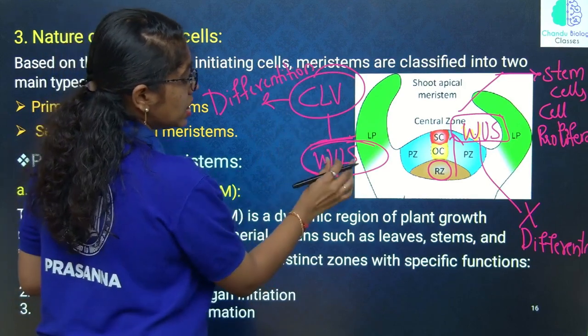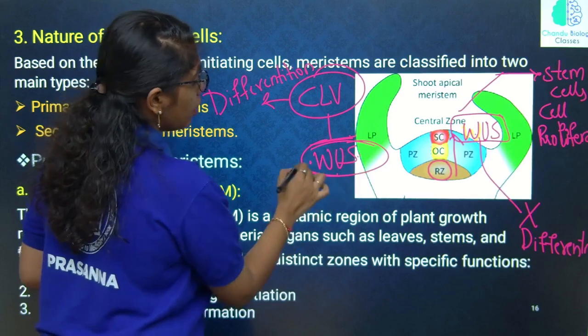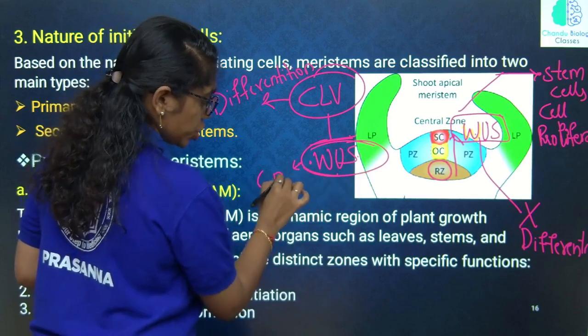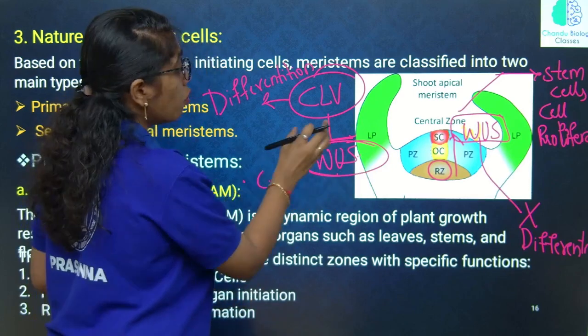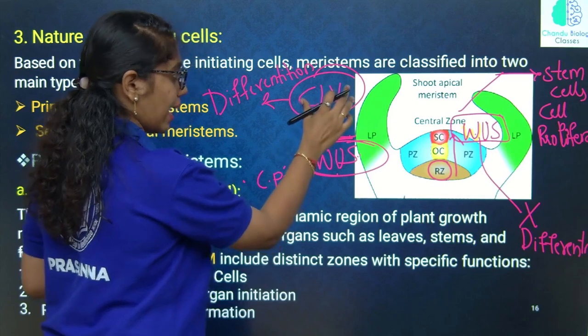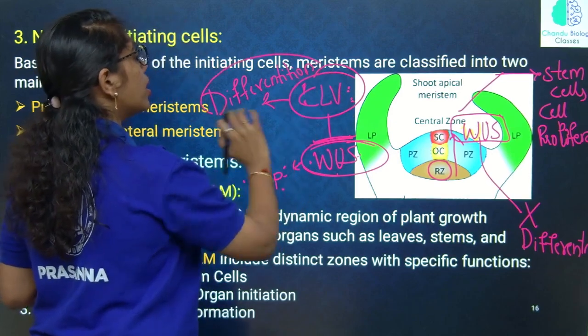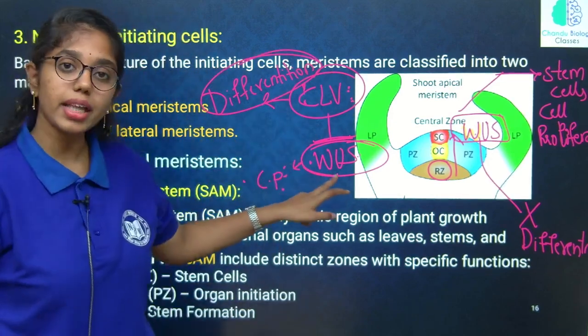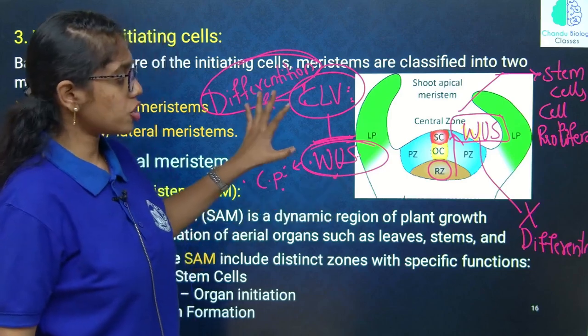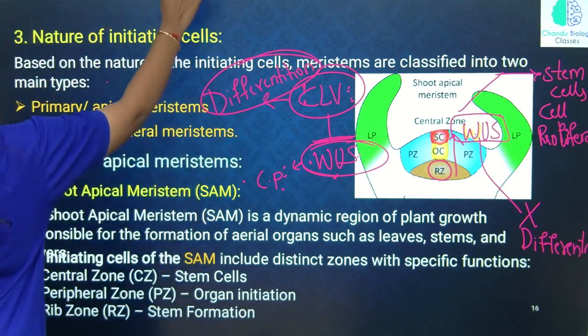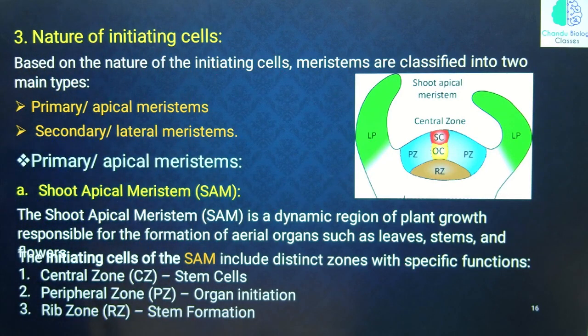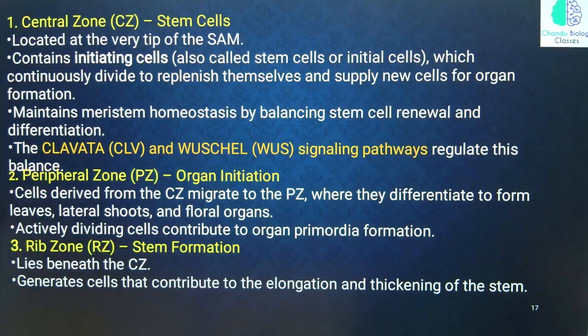Wuschel promotes stem cell proliferation, and its activity is inhibited by Clavata genes, which promote differentiation. As of now, just remember this. In the coming slides on signaling pathways, we will discuss it in a clearer way.